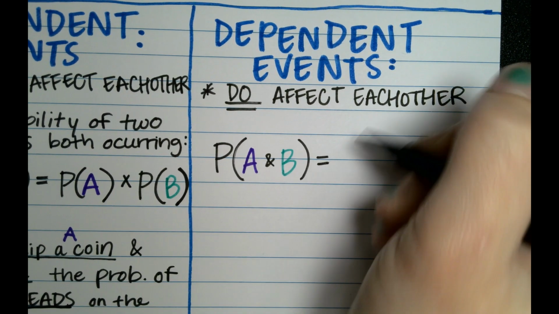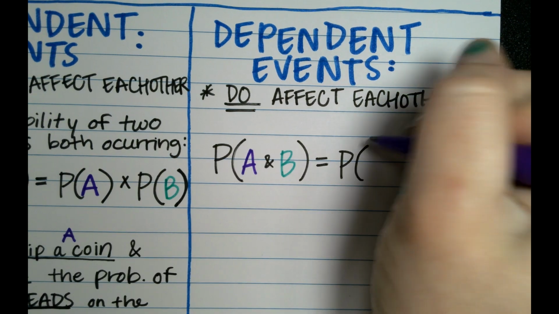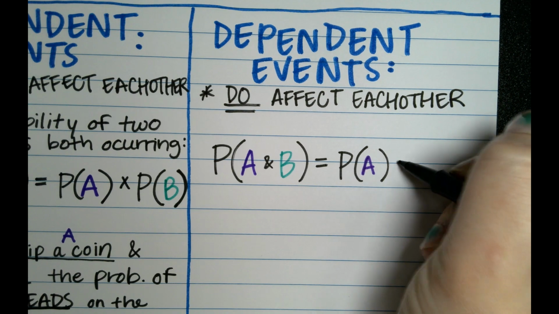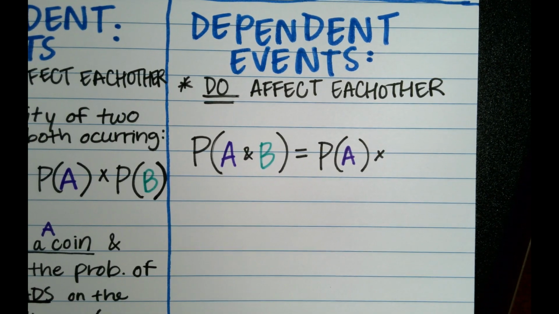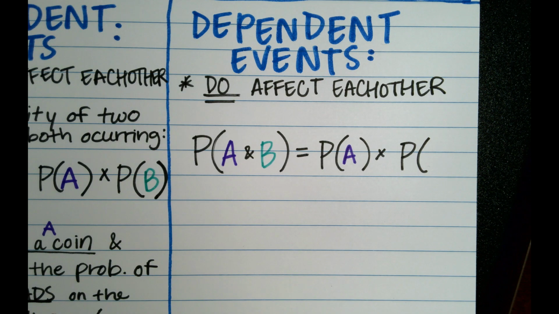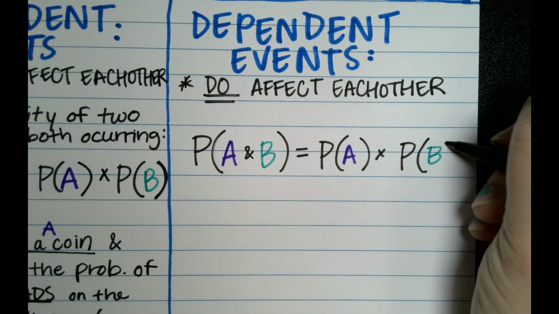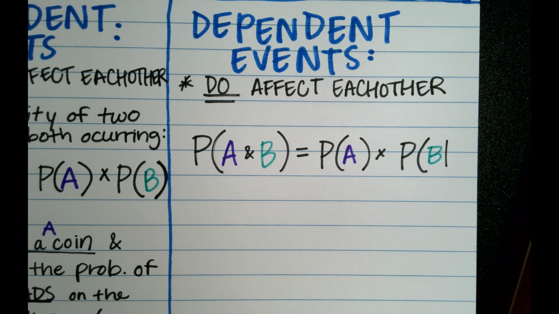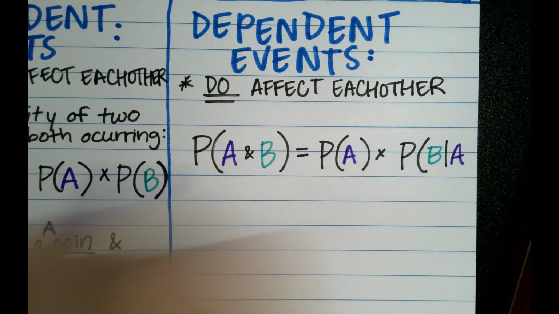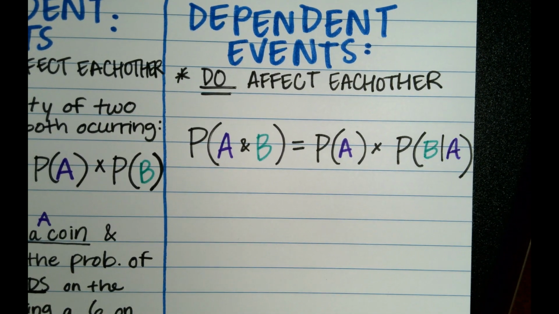Now we're going to look at the probability of A, and we're going to multiply by the probability of B with a line next to it, given A. What does that mean? I'm going to tell you here in just a second. Let's just get that written.